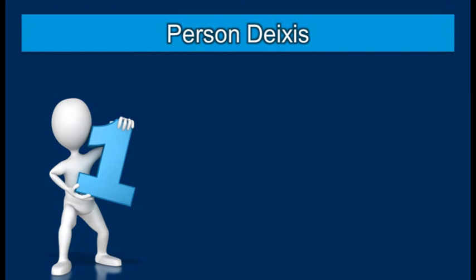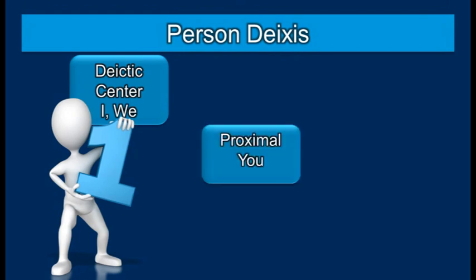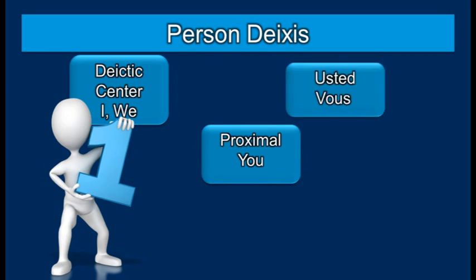Just to show an example with person deixis, we can see that the person who speaks is the deictic center, and then the person to whom the speaker is speaking becomes the proximal you, the interlocutor. If we use a specific term such as usted or vous to talk about a person, which doesn't exist in English, obviously the person is farther than the proximal you.